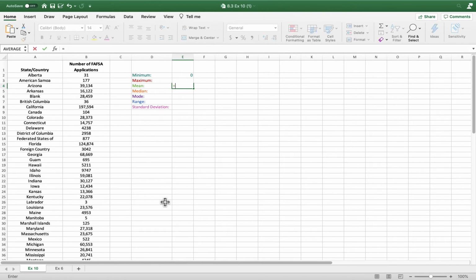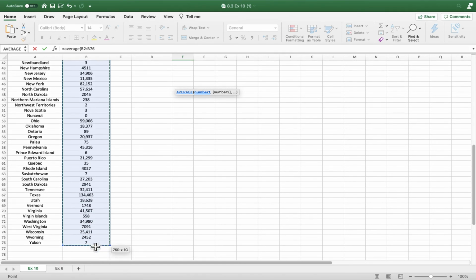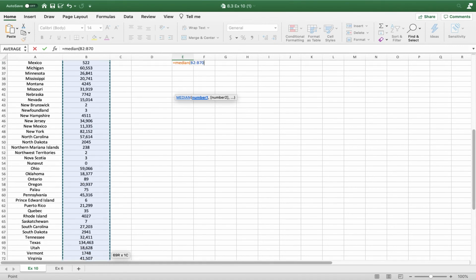So equals average, open parenthesis, select all the data, make sure you get it all, close, enter. So the mean is 21,611.48.